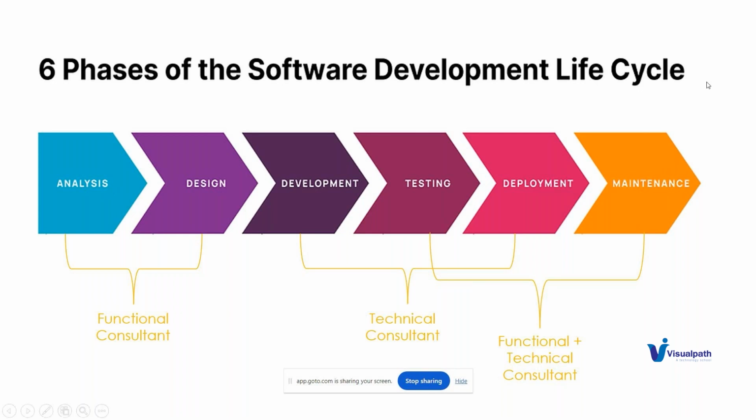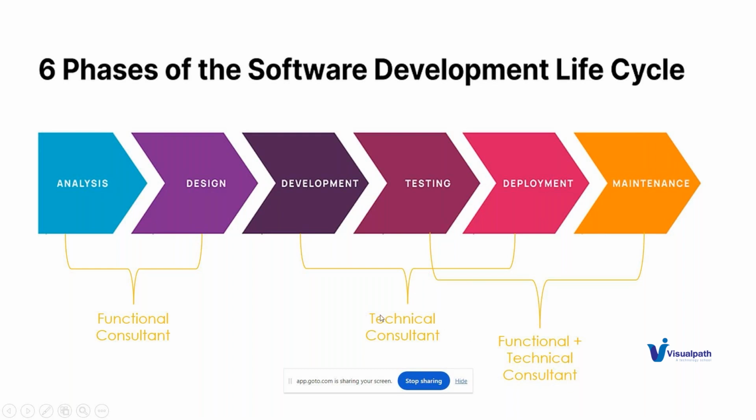Now, if you consider the 6 phases of the project, in the first 2 phases, exclusively the functional consultant is involved. In the development phase, the developer will be involved, where the functional consultant will provide assistance to the developer for writing the code and all. Here also, to some extent, the functional consultant will be involved, whereas in testing, deployment and maintenance, both the functional and technical consultants will be involved.